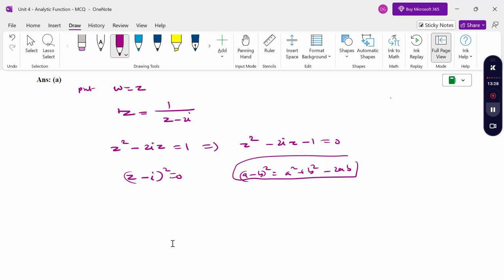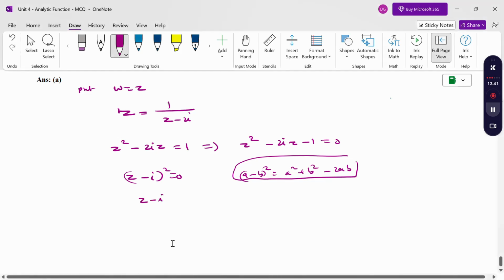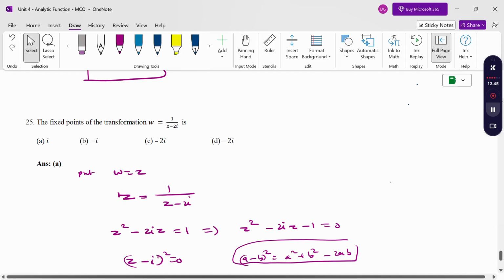So a square is z square, b square is i square, which is minus 1, and 2ab is minus 2zi. Therefore z minus i equals 0, so z equals i. The option is A. Thank you.